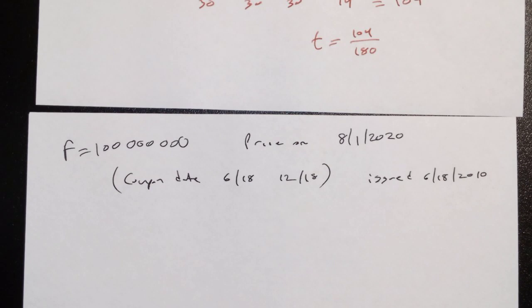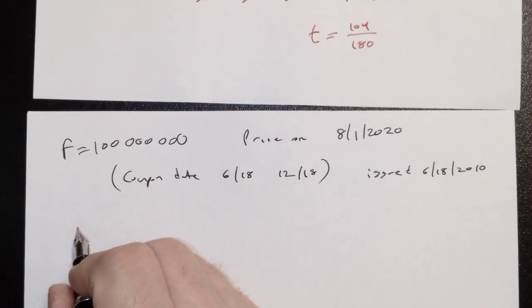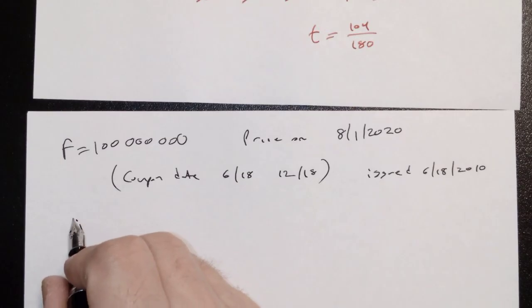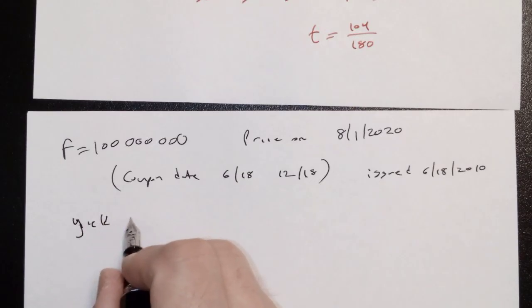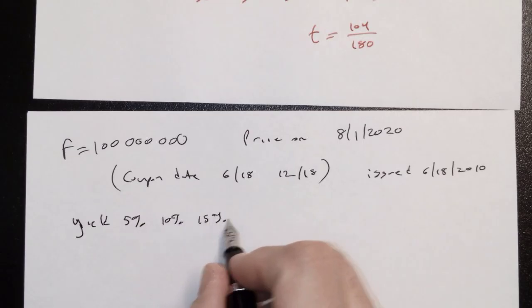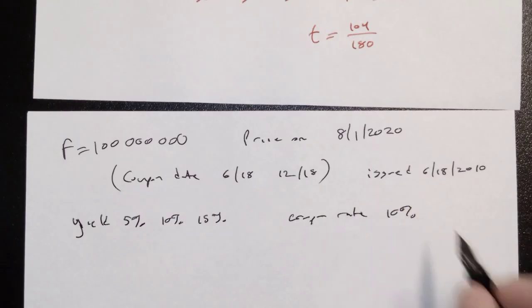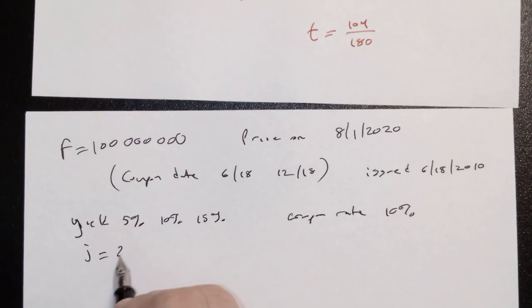Okay. Let's pick a yield. We had the bond at par, we had the bond at a discount, we had the bond at a premium. Screw it, we'll do all three. So we had three choices of yield. And our coupon rate was 10%. So that means that J is half this.